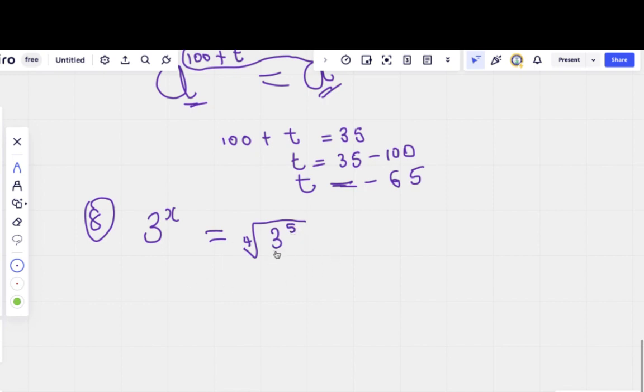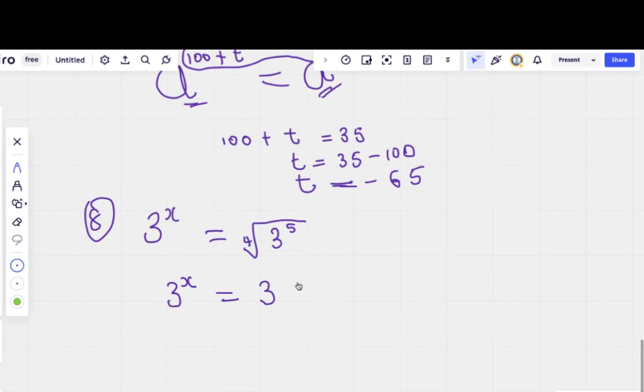So we have this one. This is again not difficult. It's just to follow the rules of how we do it. So what I need to do, are you with me? Yes. So what we need to do is to say 3 to the power of x is equal to, I told you the root is the denominator. So I'll write this 3.